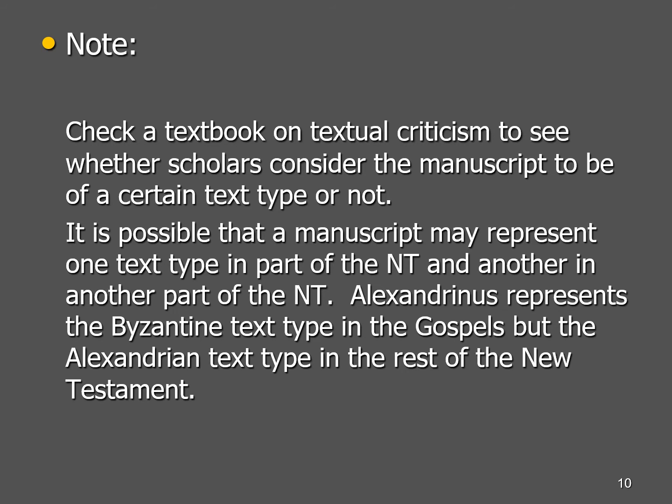And remember that a single manuscript can vary from, say, for example, the Gospels to the Epistles of Paul as to whether its text type is Alexandrian or something else. It is possible, then, that a manuscript may represent one text type in part of the New Testament and another in another part of the New Testament. Alexandrinus represents the Byzantine text type in the Gospels, but the Alexandrian text type in the rest of the New Testament.